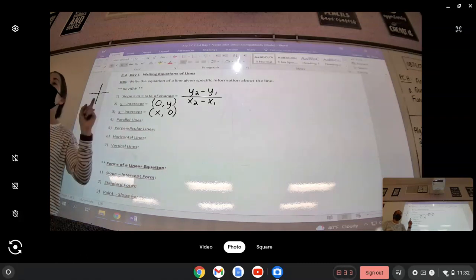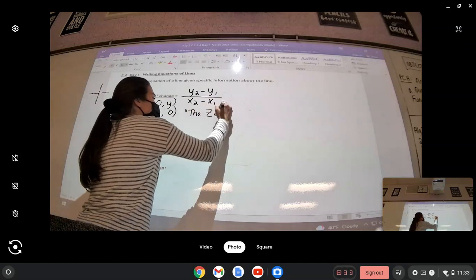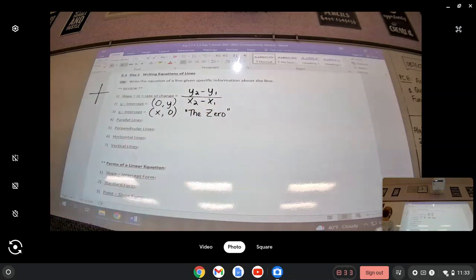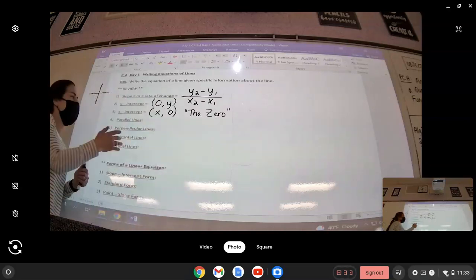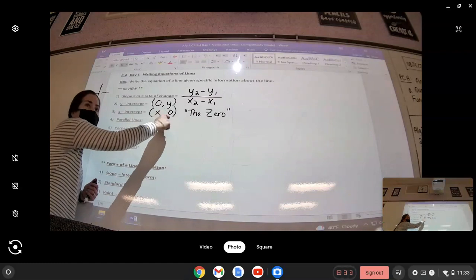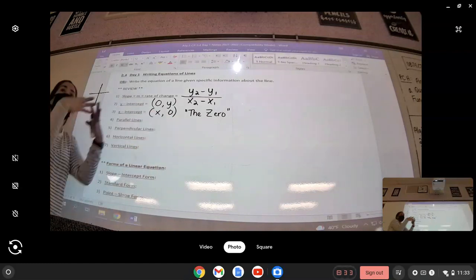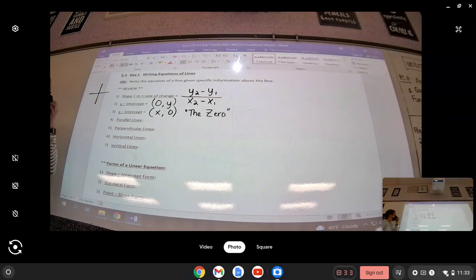And it has a nickname, and its nickname is the 0. If you are ever asked to find the 0 of an equation, or the 0 of a function, or the 0 of a graph, guys, that is literally you being asked to find its x-intercept. And the reason the 0 is its nickname is because it is the number that makes 0 come out. It is the number that will make your equation equal 0. So it is known as the 0.